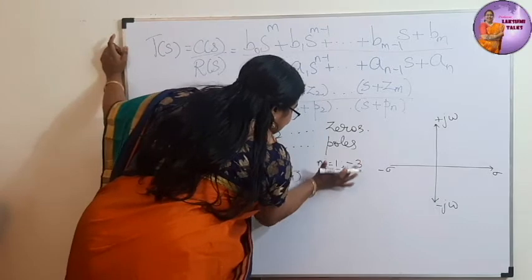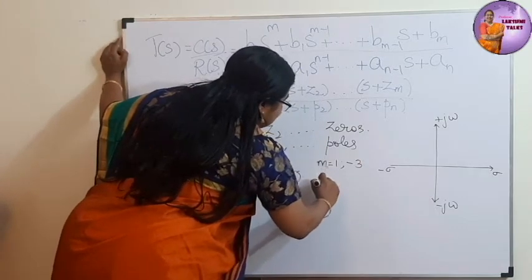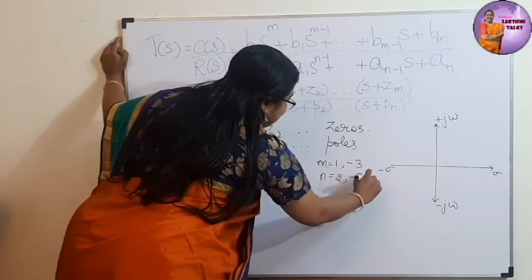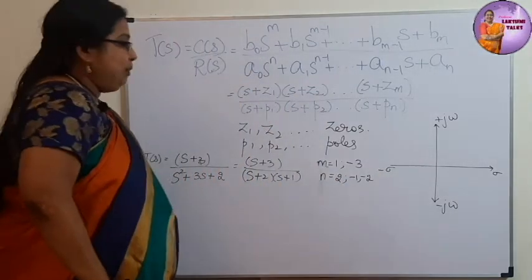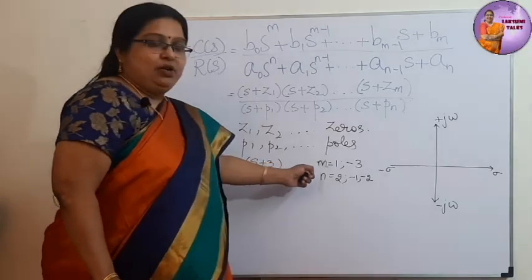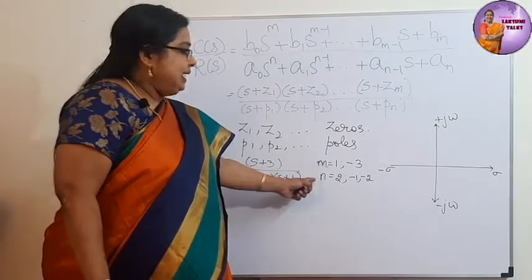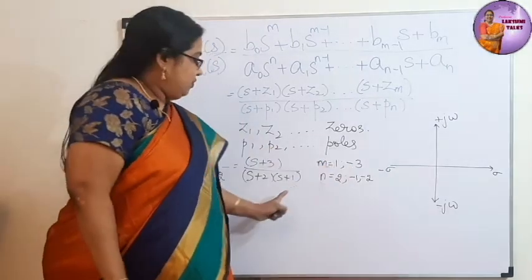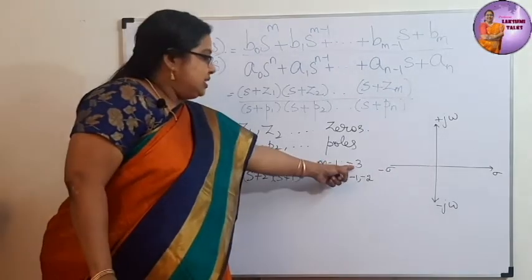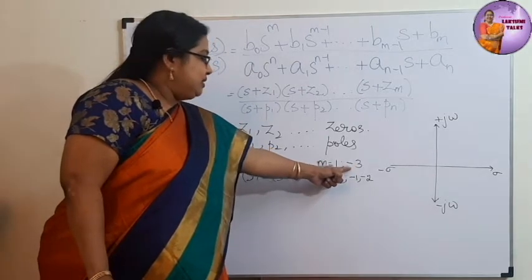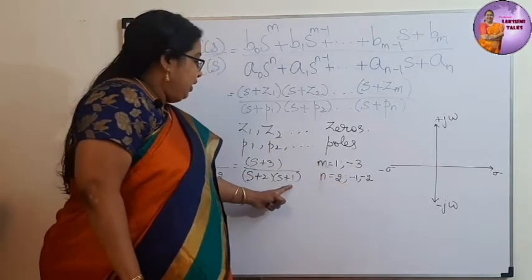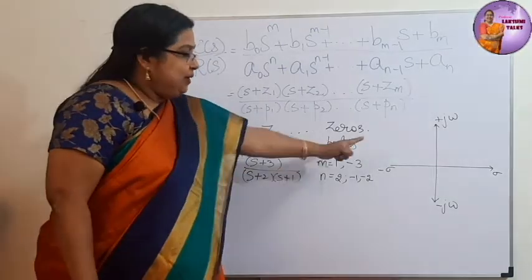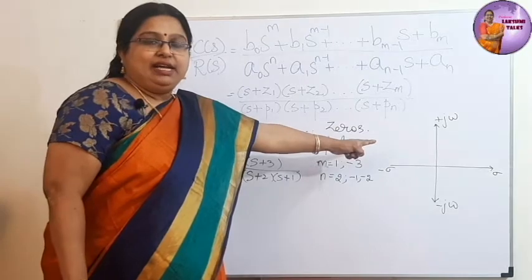And when I say 2 poles, I mean n is equal to 2 and their locations are -1 and -2. You get my point? See, this m denotes the number of zeros and n denotes the number of poles. And this is nothing but the location, which means the factors. There is a zero at -3 and there are poles at -1 and -2. Okay, this can be given in an S-plane.